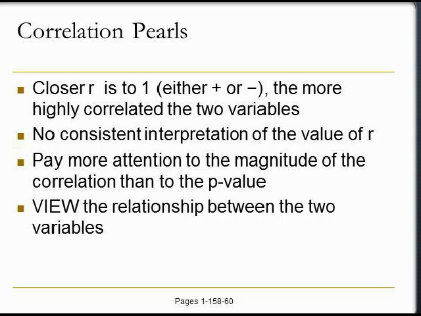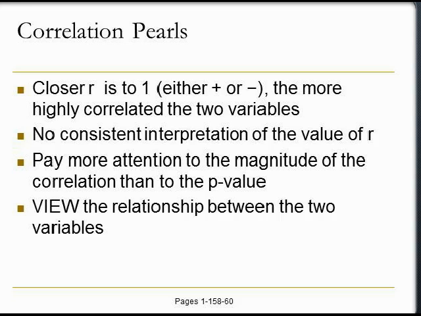Obviously, some pearls related to correlation. The closer the R is to 1, whether it's positive or negative, the more highly correlated those two variables are. There's no consistent interpretation of the value of R. What I mean by that is, if you're in a laboratory setting where you're investigating perhaps an animal study or an analytical technique, an R value of perhaps 0.5, 0.6, is perhaps not very meaningful at all.